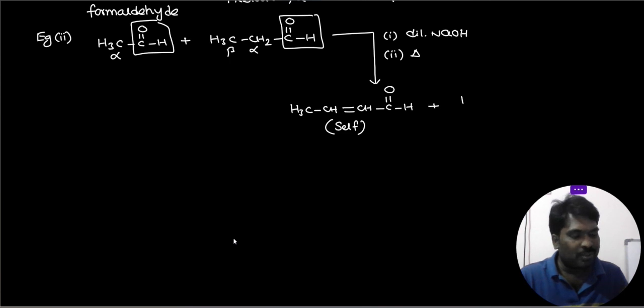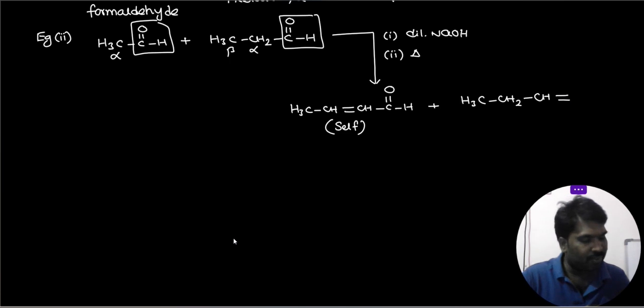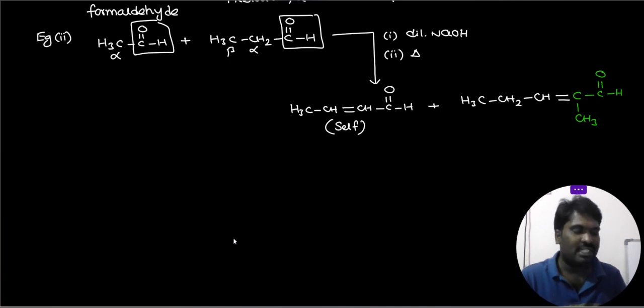Now, with 2 moles of propanaldehyde you can take the self-aldol product CH3CH2CH, from one propanaldehyde the oxygen, and from another propanaldehyde you can remove the alpha hydrogens. Clear?